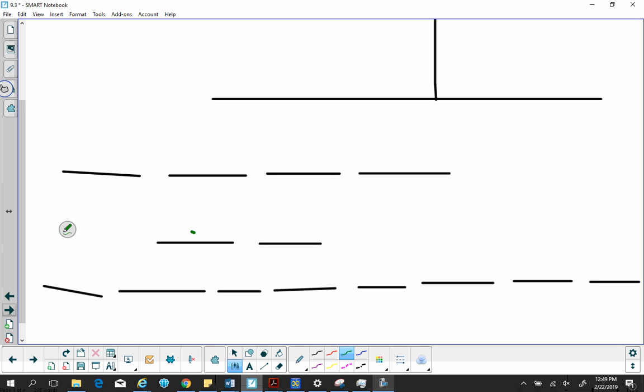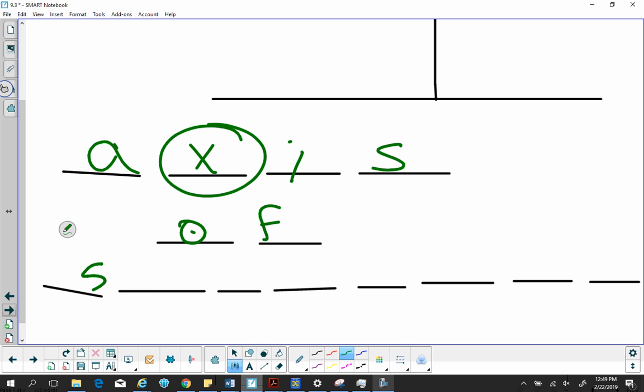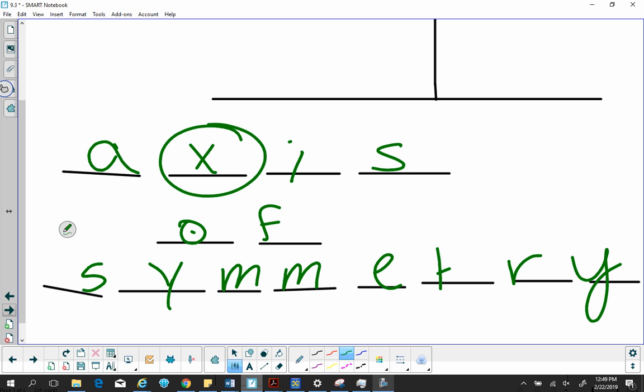The middle word is of. Axis of symmetry. Remember, the x coordinate of the vertex is called your axis of symmetry.